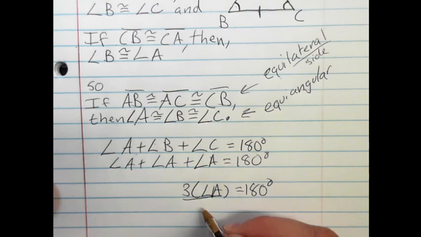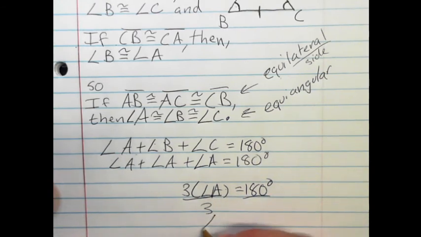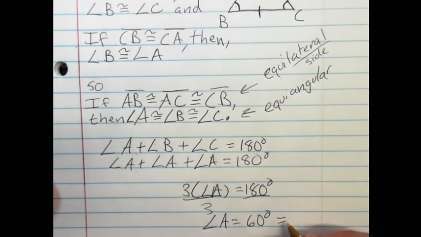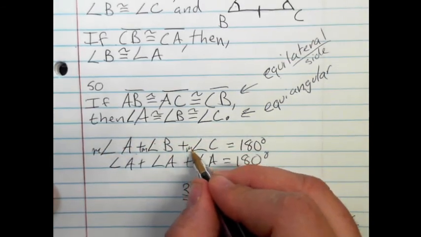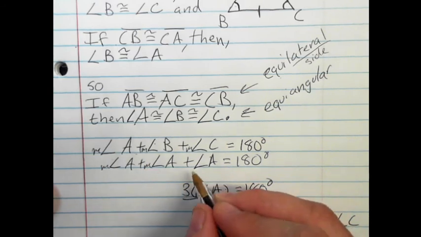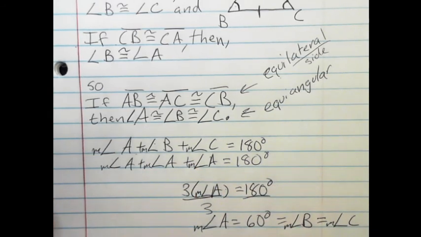So then I would divide by 3 on both sides, and I would get that the measure of angle A equals 60 degrees. But guess what? That's also the measure of angle B, and it's also the measure of angle C. I should probably put an M in there so you guys know we're talking about the value. Okay? So on an equilateral triangle, what is the angle measurement for each angle? 60 degrees. Always.